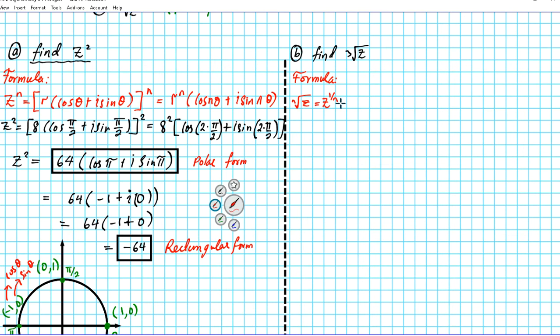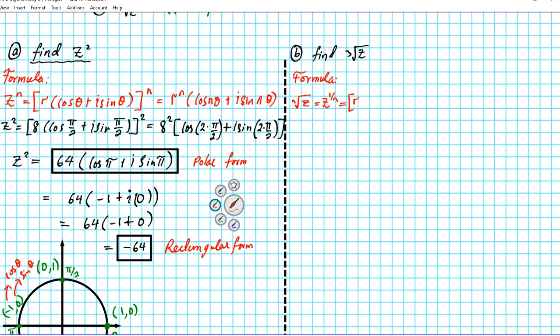So this is going to become the nth root of r, so r to the 1 over n. You notice in this formula here the power was n, so let's do this. Let's apply the formula to the complex number in polar form first, so you can clearly see how they're similar.